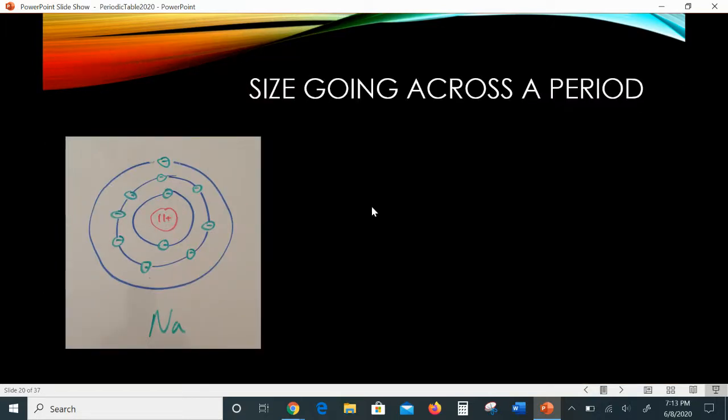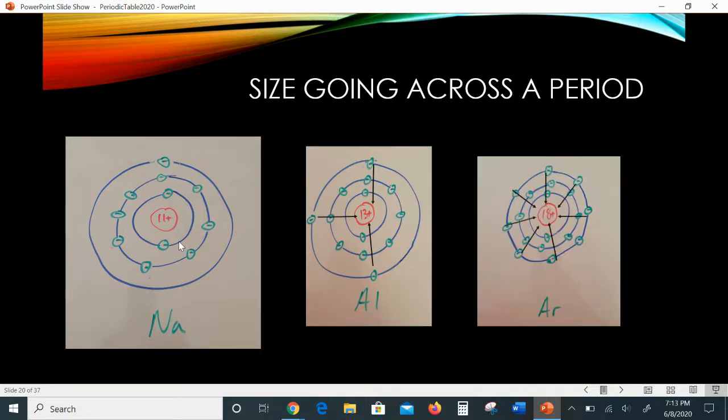Now, going across a period, so going from sodium over to the noble gas, things are getting smaller. Now, let's talk about that. Because you have the same number of rings, right? Period three has the same three rings. They're not going to get necessarily any bigger, but the attraction for those outermost electrons, based on that shielding effect I was just discussing, is increasing.